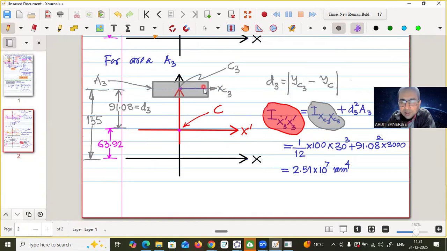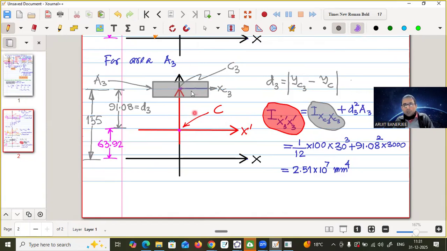I am transferring the moment of inertia from the centroid to some other axis. So this is the centroid of the area 3 and this is the centroid of the composite area. So I am transferring from this to this. Therefore the thing that we are calculating here is basically the moment of inertia about this axis.